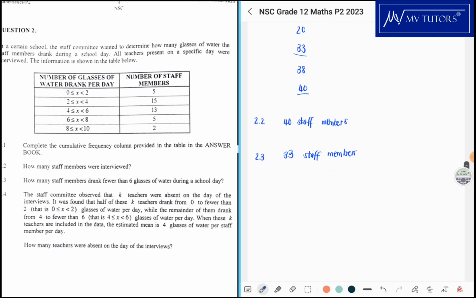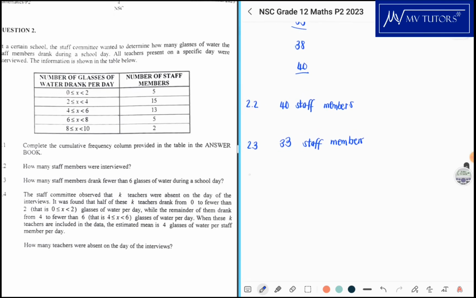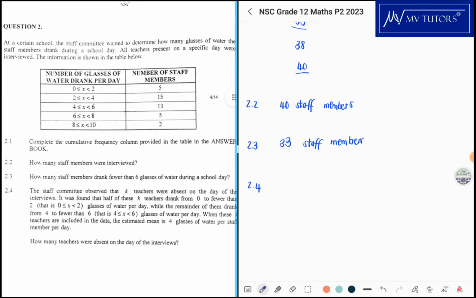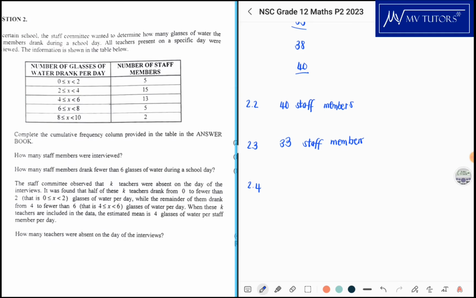Okay, and now 2.4. It says the staff committee observed that K teachers were absent on the day of the interviews. It was found that half of these K teachers drank from 0 to fewer than 2. Okay, so let's just write it down as we read so that we do not forget.